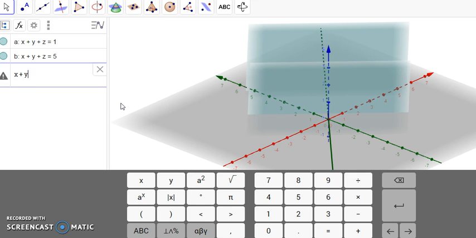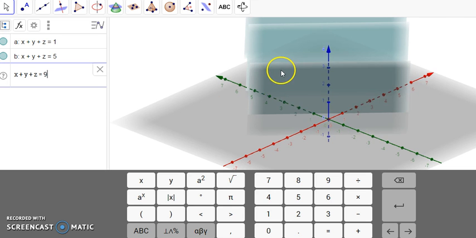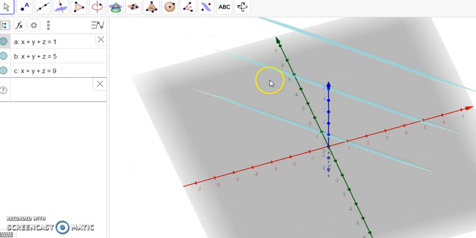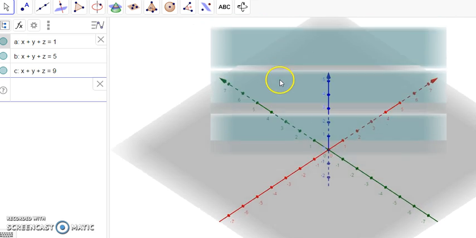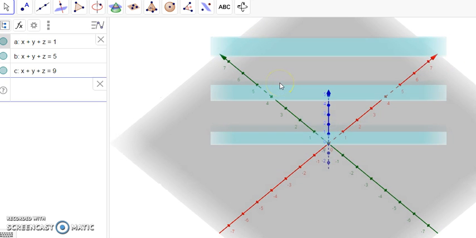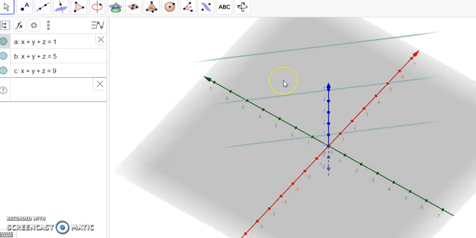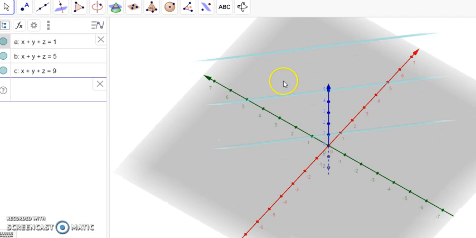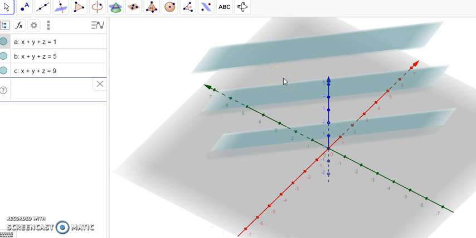X plus y plus z equals, let's keep it consistent, 9. Now you can see three planes that never touch. This is like the parallel line example. They are inconsistent. None of these planes are going to touch at any point.